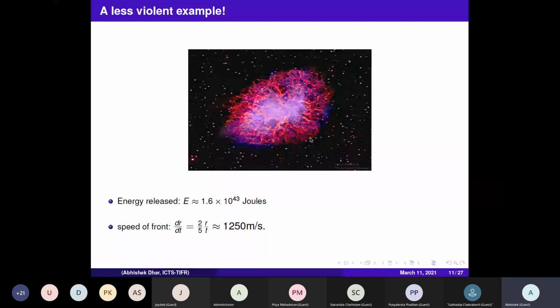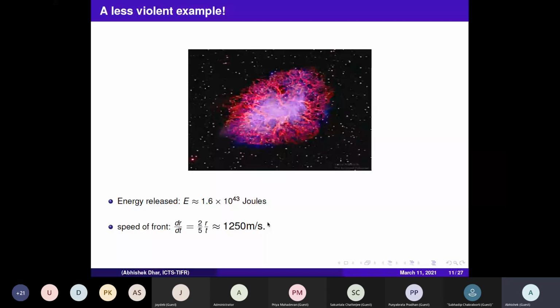From using that formula, you can estimate, for example, how much energy was released, and quite amazingly, you can also find the speed at which this front of the nebula is expanding. See, this formula doesn't involve any other parameters. It's just 2/5 of r by t, and we know r and t, and we get this number, 1250 meters per second. This is what people believe is the speed at which this is growing. So these are just some examples where this kind of result is used.